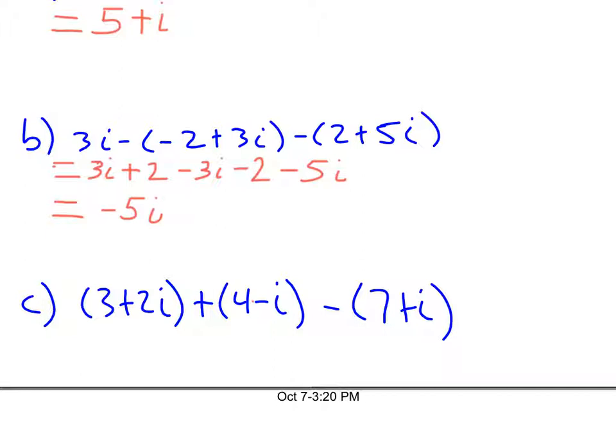All right? So here, the 3 plus 2i, that's fine. Plus 4 minus i, there's nothing to distribute there. Here we have minus 7, and I do need to turn that into a minus i.